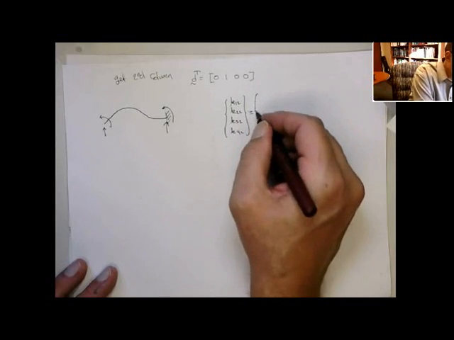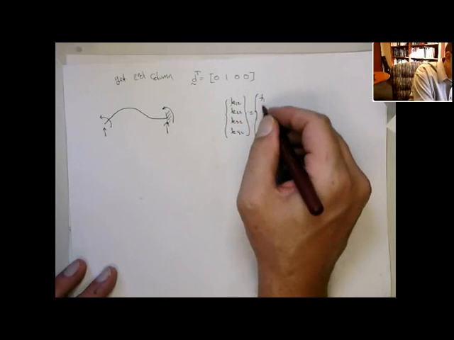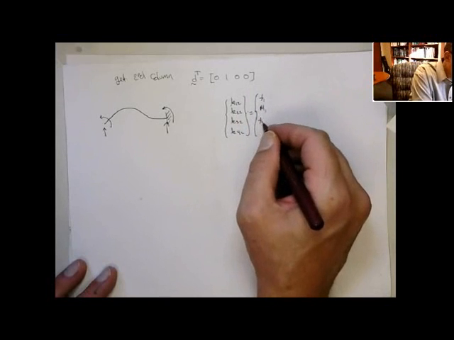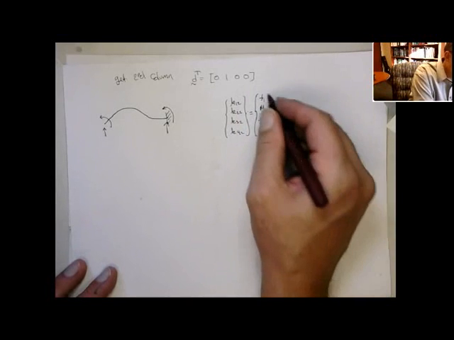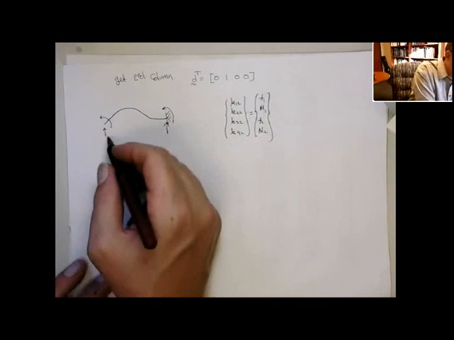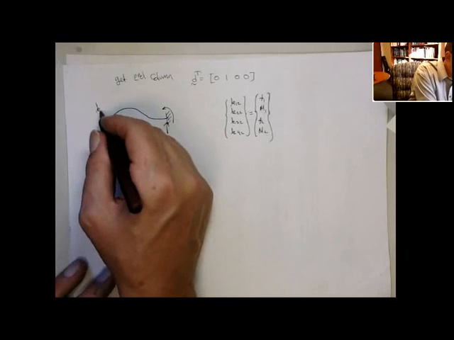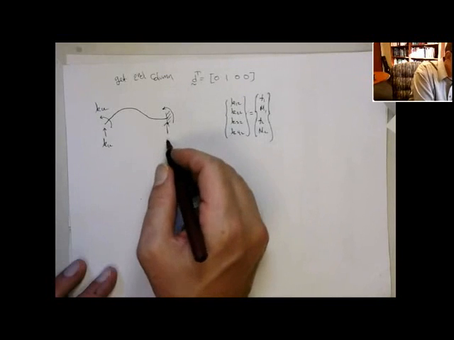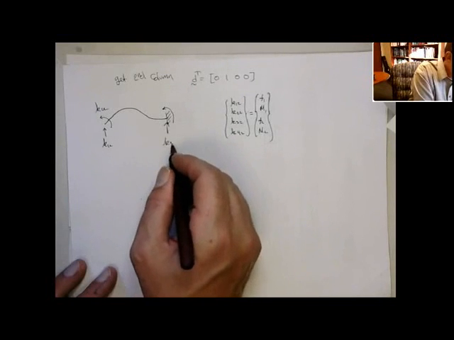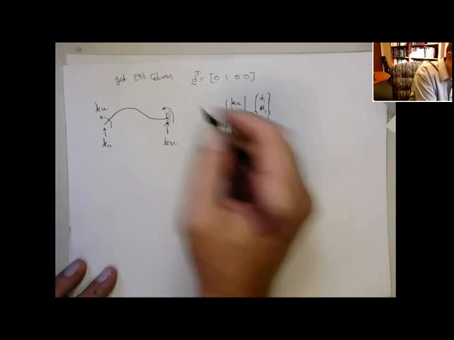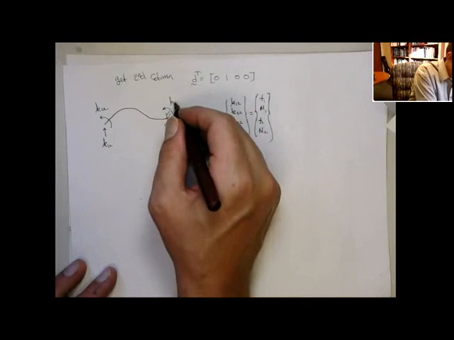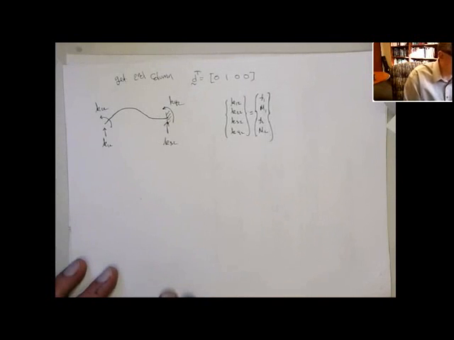And so that equals the right-hand side, which is F1, M1, F2, M2. So in this case, F1 is just K1,2. M1 is K2,2. F2 is K3,2. And M2 is K4,2. Those are the moments at that node.